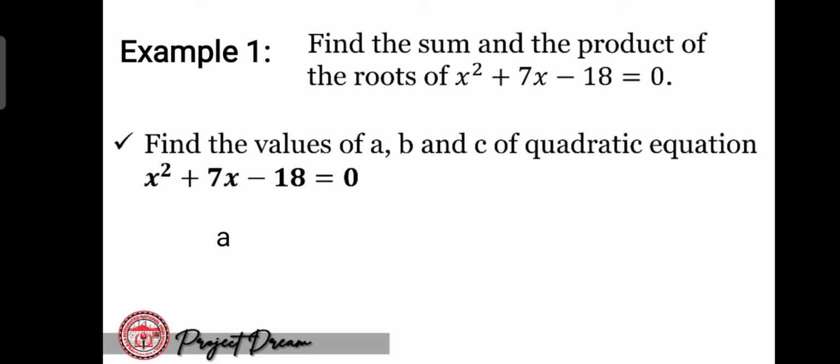Let us find the value of a. A is equal to positive 1, b is equal to positive 7, and c is equal to negative 18. Next, to find the sum of the roots, let us just write negative b over a and then substitute the values of b and a.